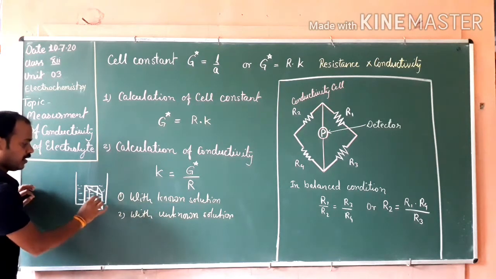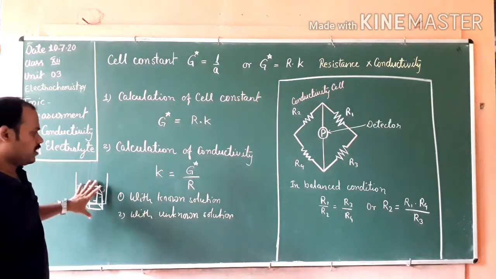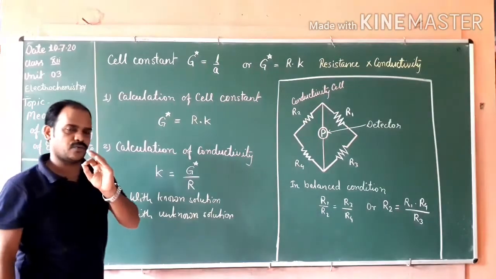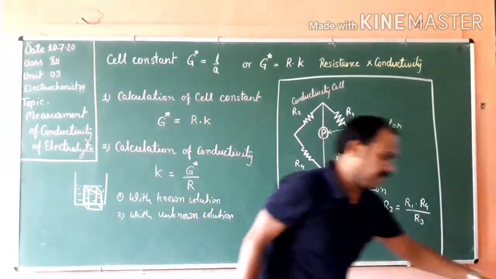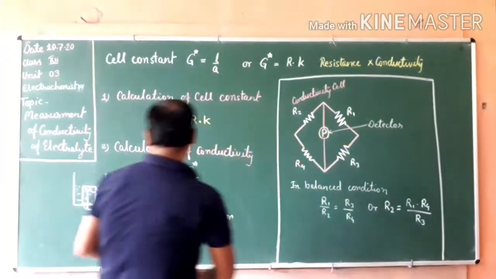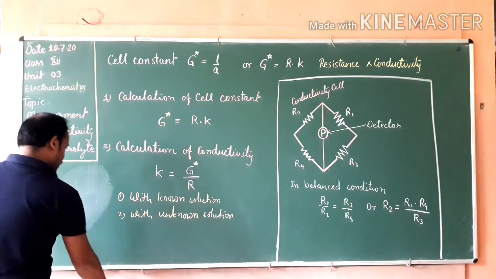It means the volume of this solution should be 1 centimeter cube, which is quite impossible. That's why we use the cell constant to manipulate that error.